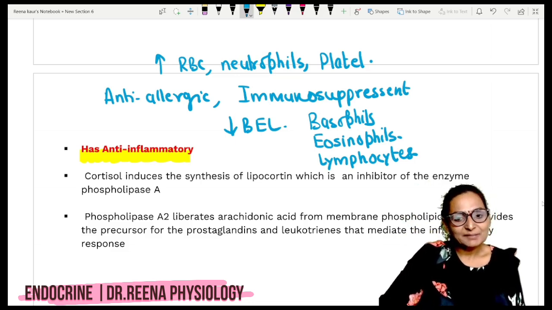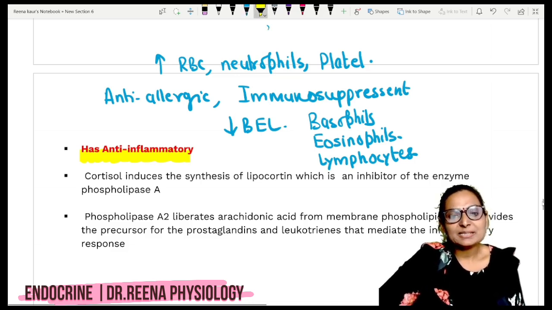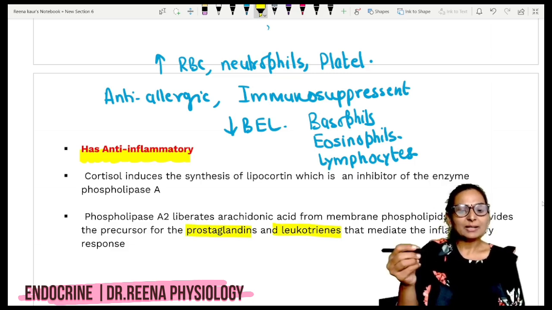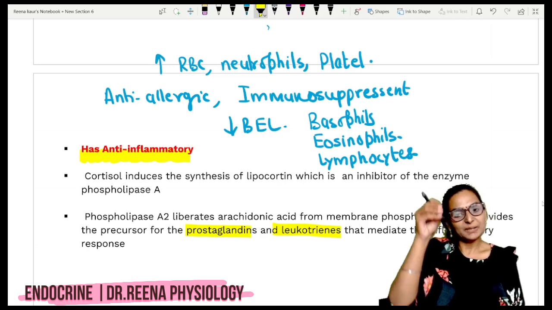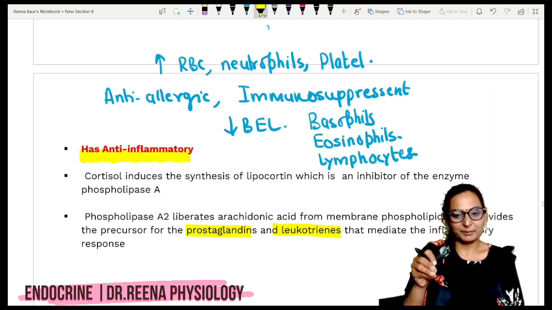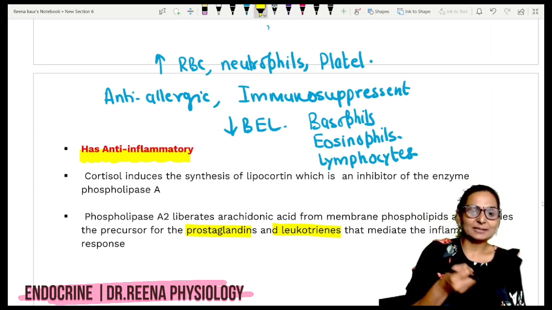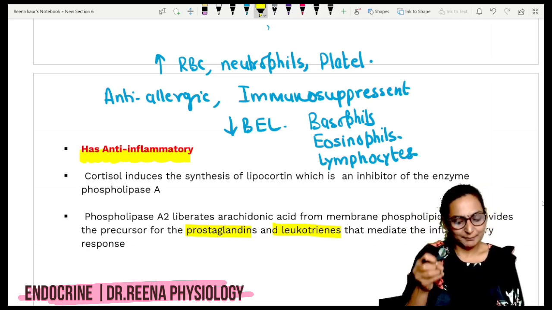Now it is anti-inflammatory because it prevents the synthesis of prostaglandins and leukotrienes. Usually the phospholipases break down the membrane phospholipids, and they provide the precursors for prostaglandins and leukotrienes, which are inflammatory.